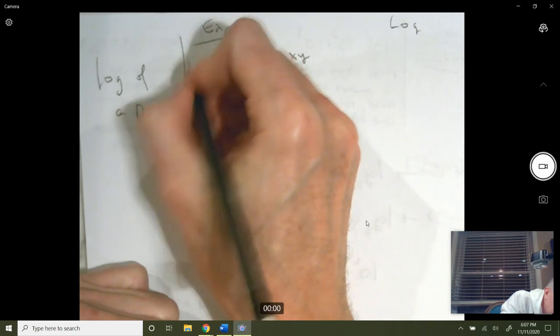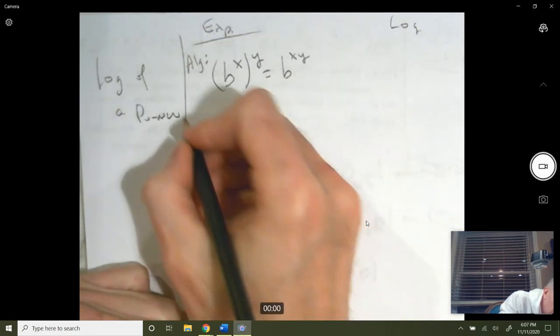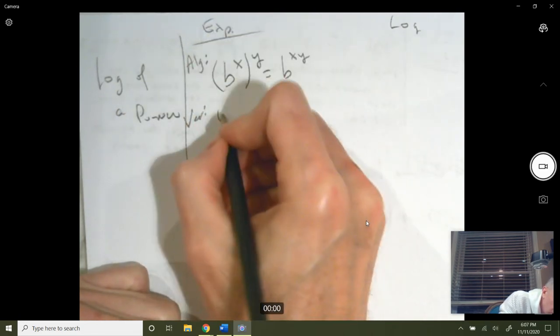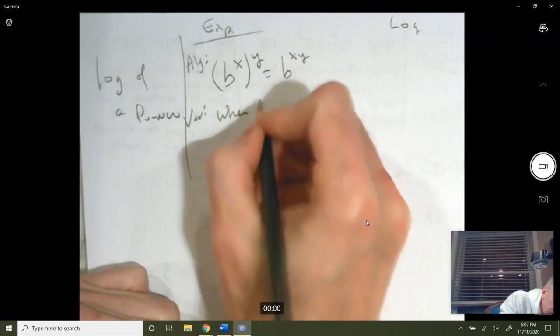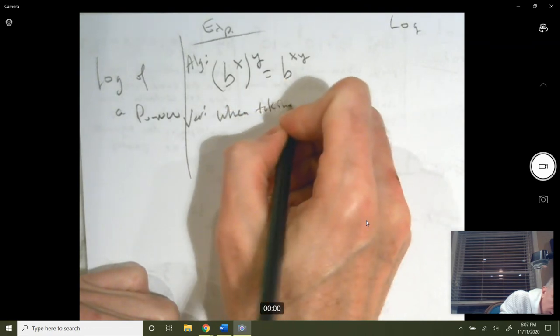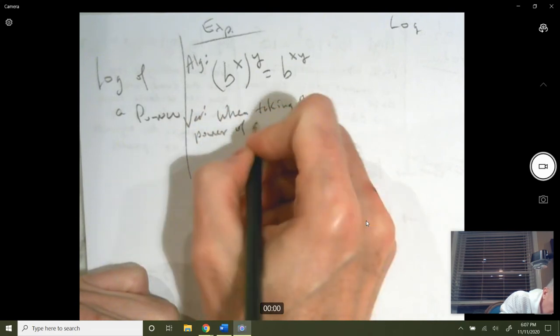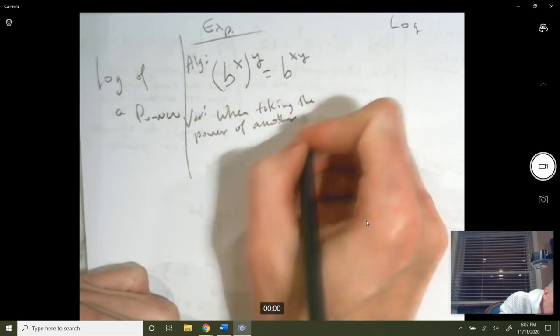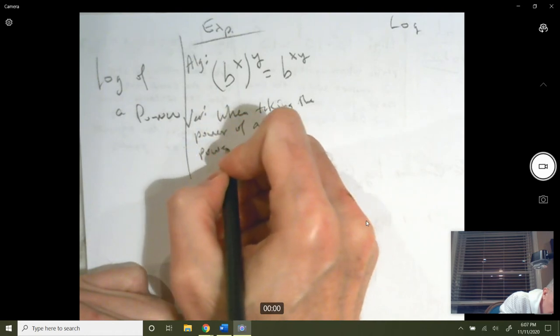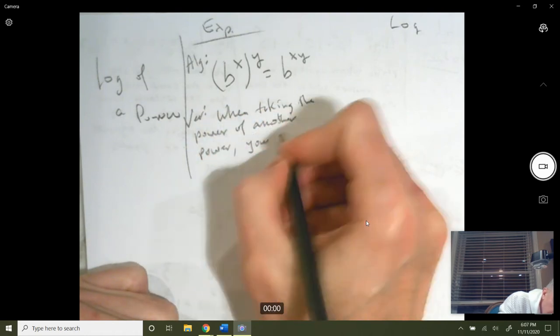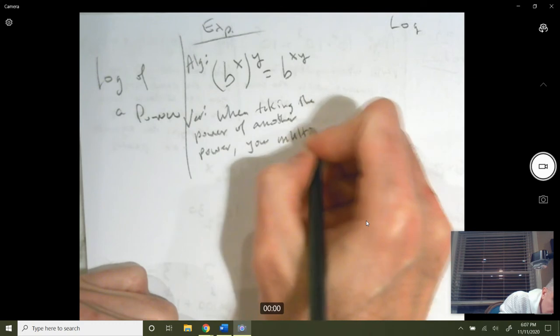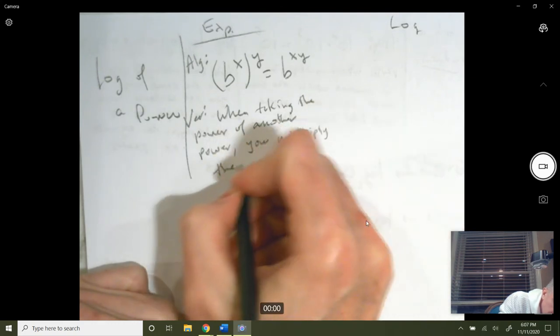Okay, that's algebraically. And then verbally, you would say when taking the power of another power, you multiply the exponents.